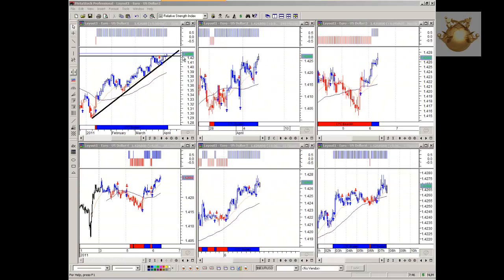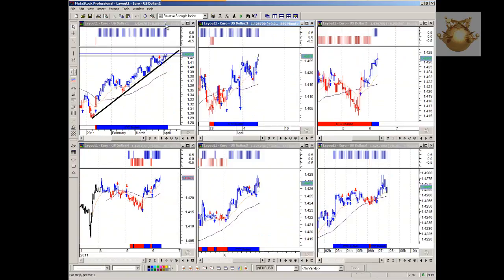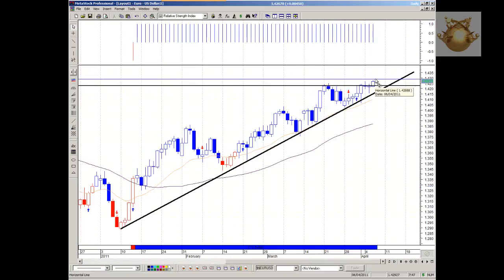Intraday, now that we've got to put down 14,300 as a resistance level, but also the same goes for this area here.